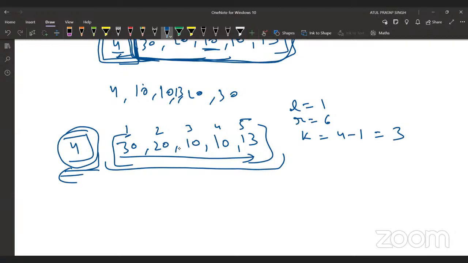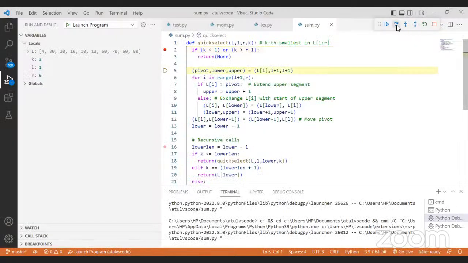Okay, now we perform the same things. Now 30 is the pivot element. Now we find out what is the position of the pivot element in this list, so we repeat the partition process here.